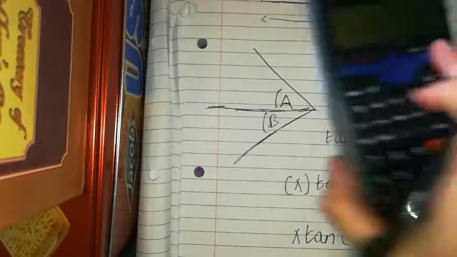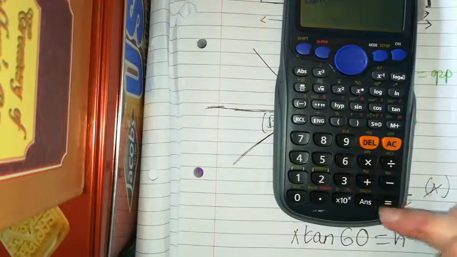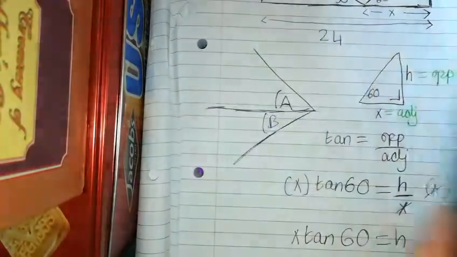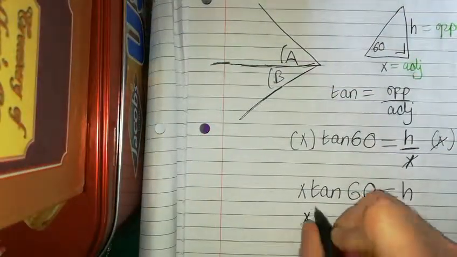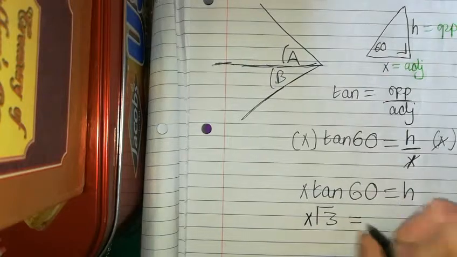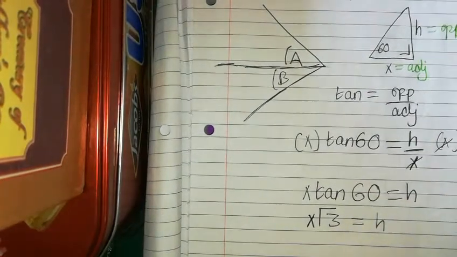And I'll just work out what tan 60 is and see if it gives me a really long recurring decimal. So it actually works out nicely, it gives me root 3. So it'll be x root 3 is equal to h. So that's going to be h in terms of x.